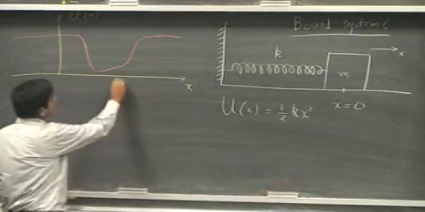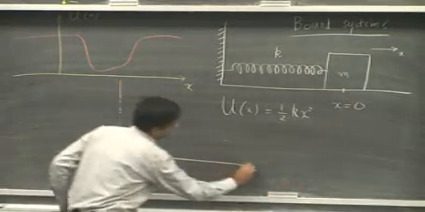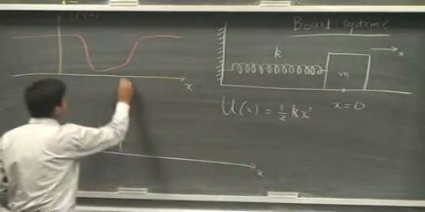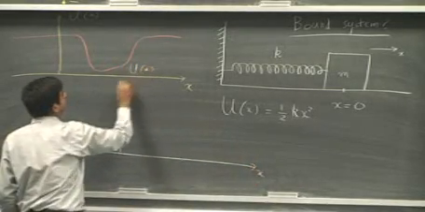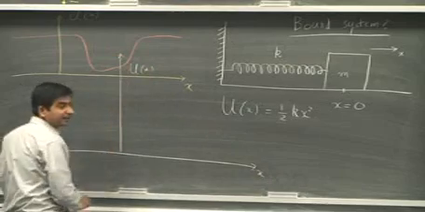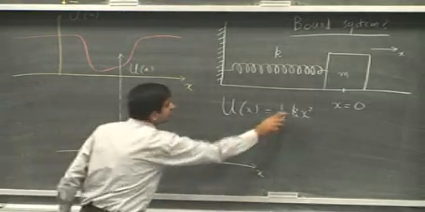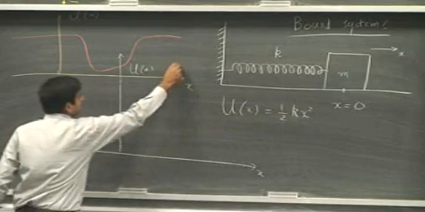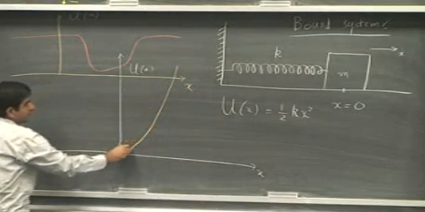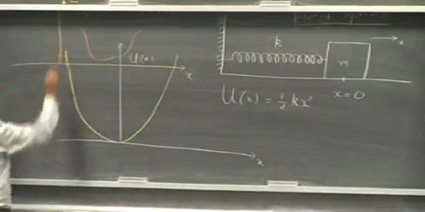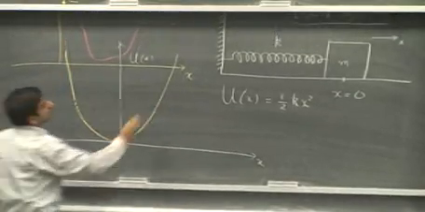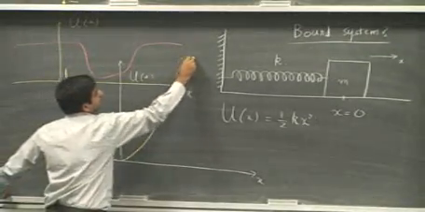So if you plot the potential energy U(x) versus x, it looks like a parabola having this x squared dependence. So this is the potential energy function.